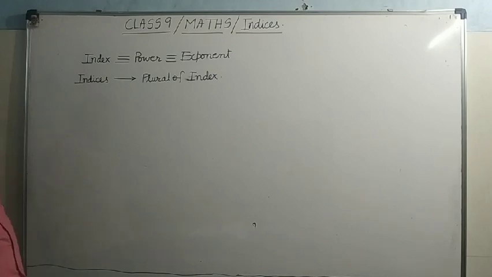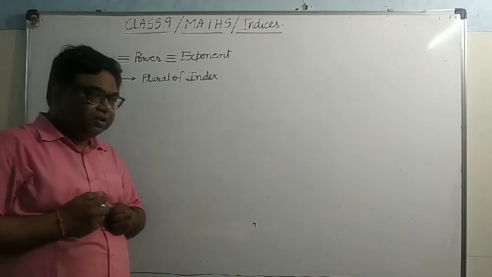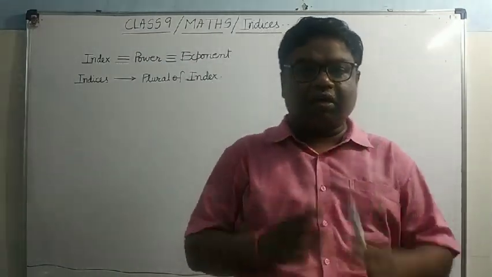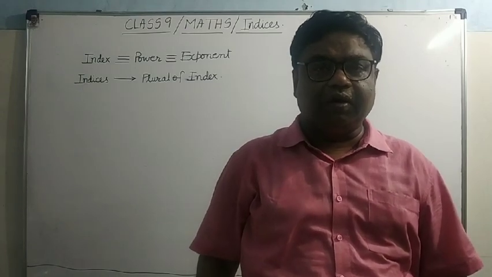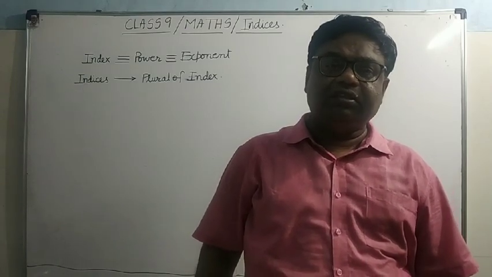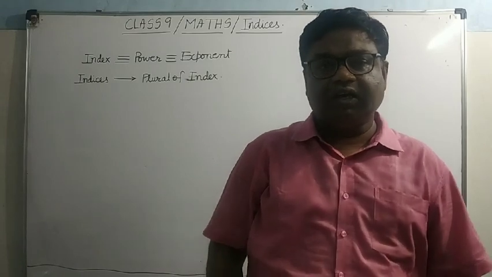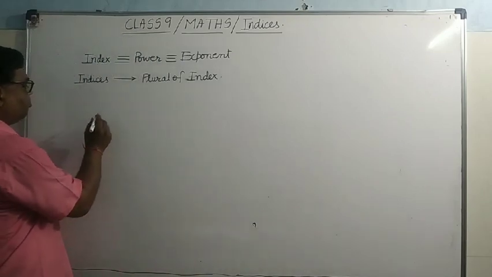Now see here. A number can be written in the expanded form. Expanded form means in the product of prime numbers, as well as it can be written in the exponent form. It's clear. For example, we will take a simple number 8.